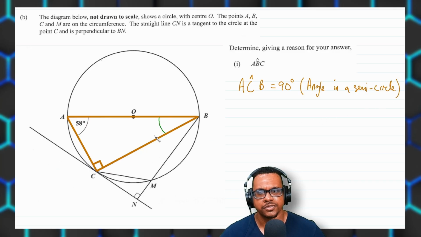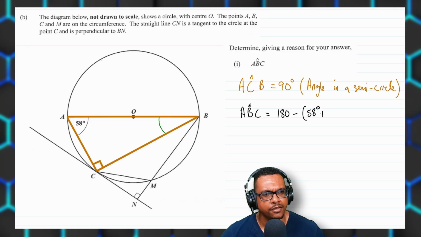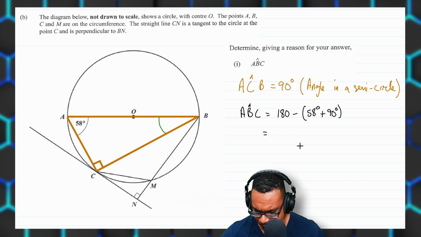So now we can proceed to finding this angle ABC by adding up the 58 and the 90 and subtracting it from 180 degrees. So angle ABC is equal to 180 degrees, take away 58 degrees plus 90 degrees. We can just work the whole thing out on the calculator.